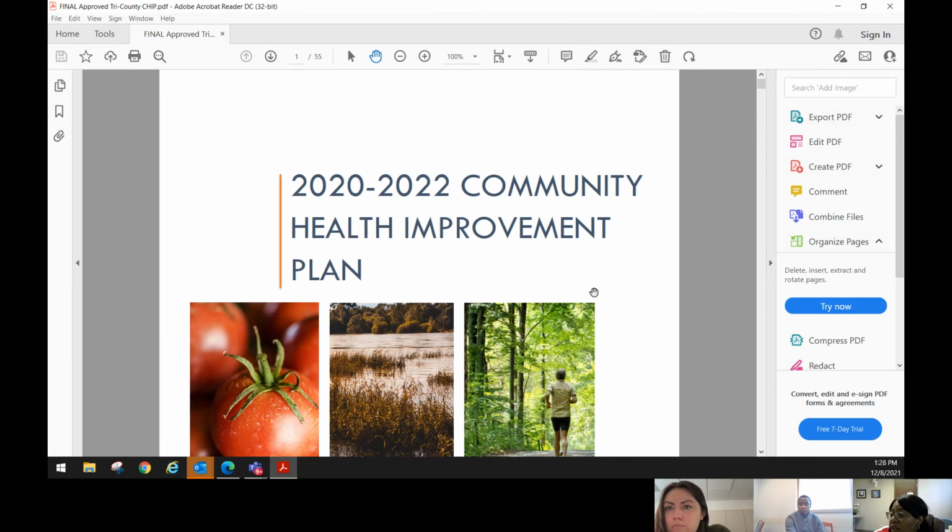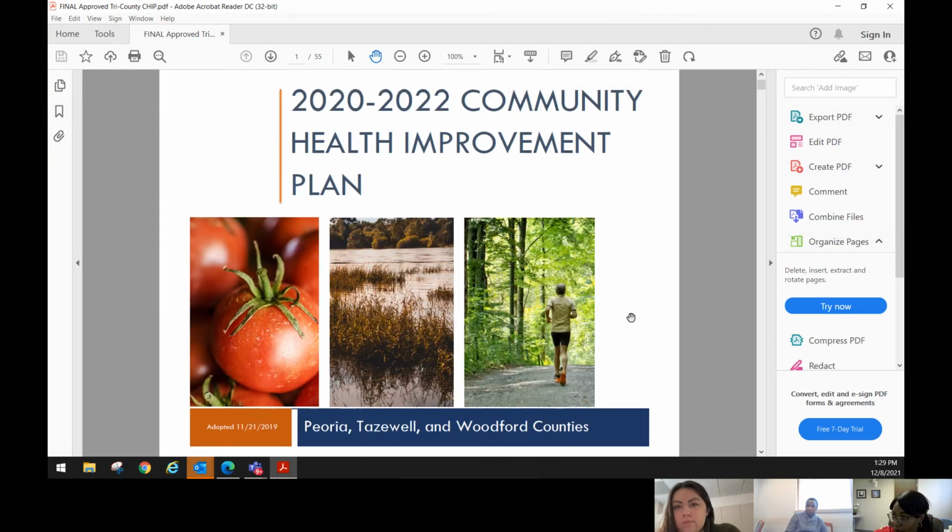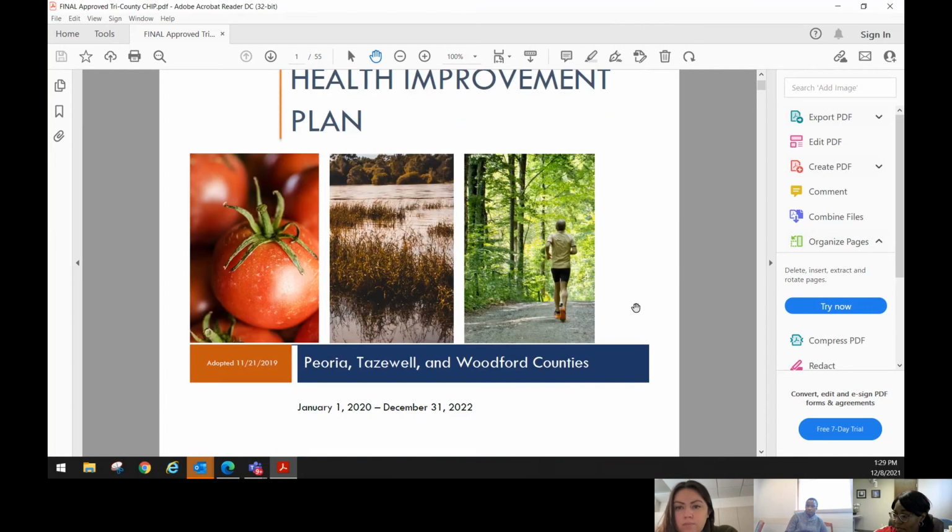And as you can see, 2022, it got here so quickly, will be our final year in doing this. So we have just completed our community health needs assessment survey for our 2023 cycle. So we're going to go through that process again in 2022, and we'll go through at a high level how we created these documents.